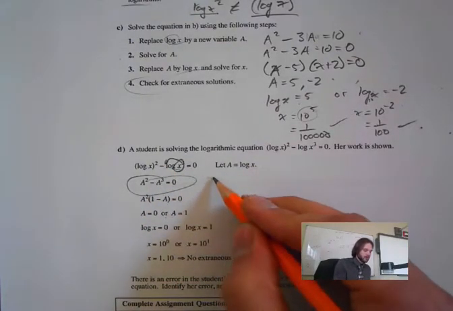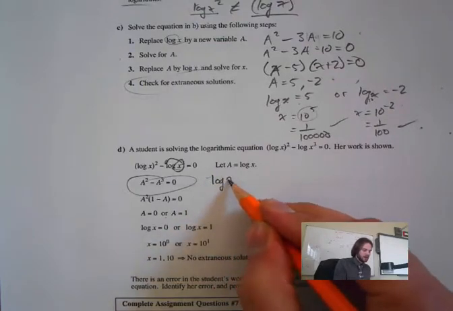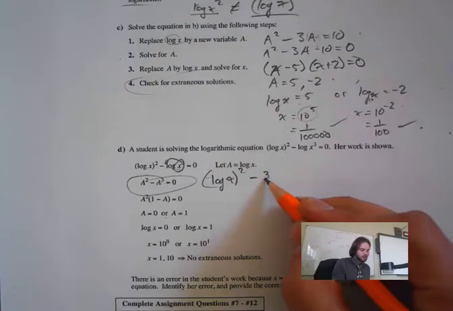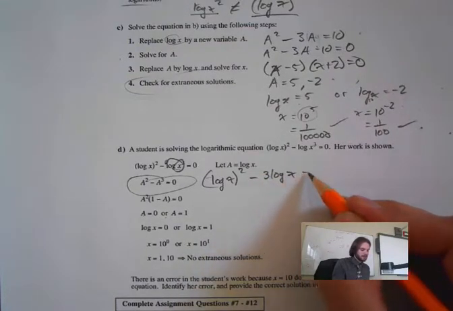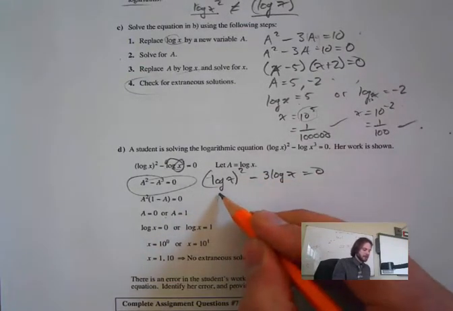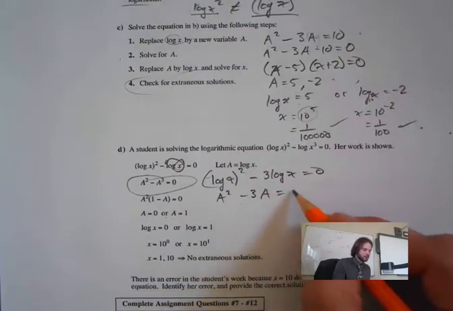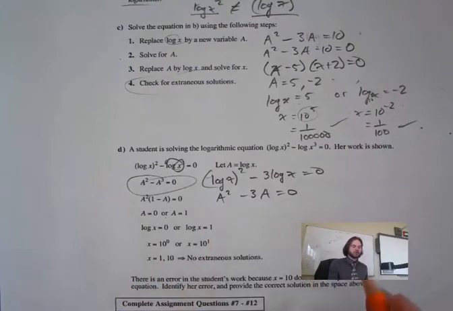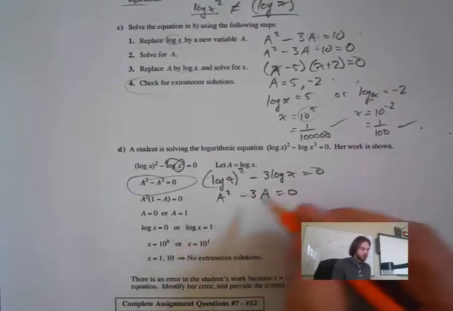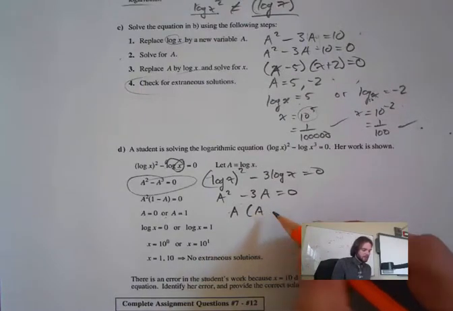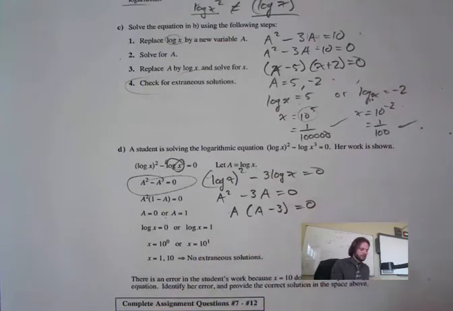So basically, we have to first go log x squared minus 3 log x is equal to 0. So we end up getting a squared minus 3a is equal to 0. Now we're going to have to try and solve this for them. So we're going to end up getting a multiplied by a minus 3 is equal to 0. So let's plug this back in.